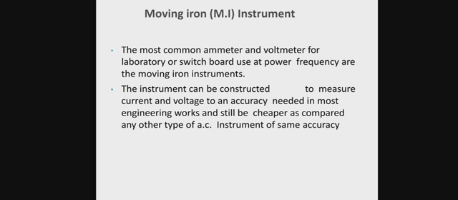The instruments can be constructed to measure current and voltage to an accuracy needed in most engineering works and still be cheaper compared to any other type of AC instruments of the same accuracy.